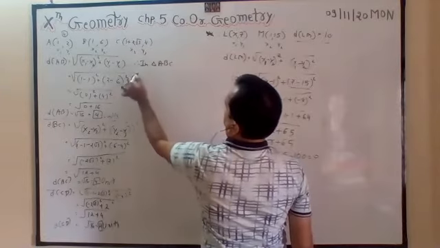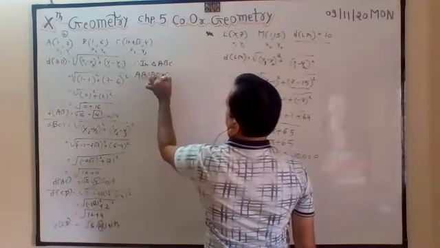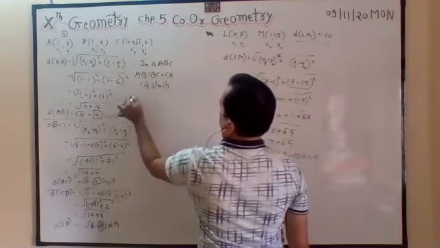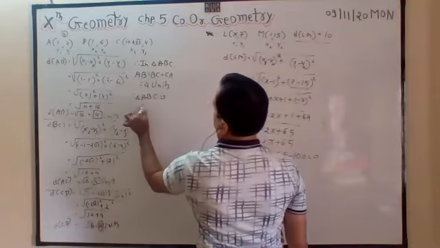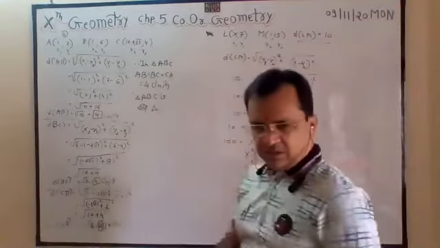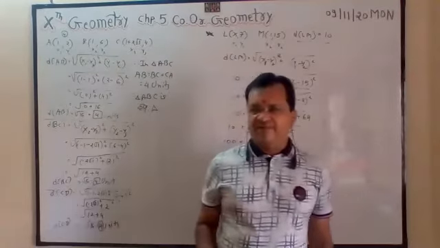Therefore, in triangle ABC, AB is equal to BC is equal to CA is equal to 4 units. Therefore, triangle ABC is an equilateral triangle. By the distance formula only we have proved.